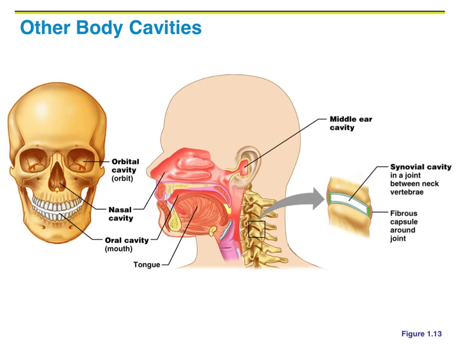You can see the orbital cavity where the eyes sit, the nasal cavity, the oral cavity, and the middle ear. You also have an opening there. And in between bones that articulate, you have a synovial cavity.